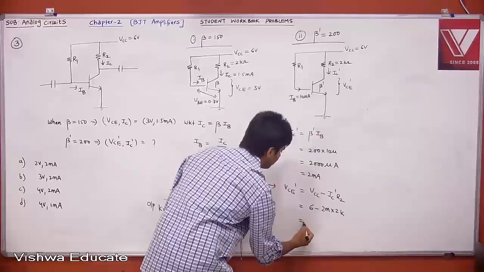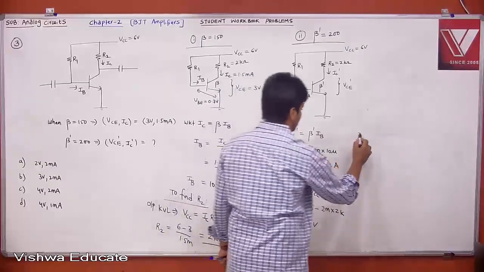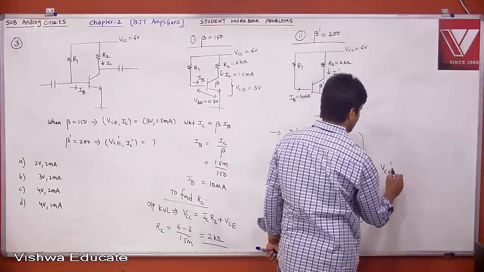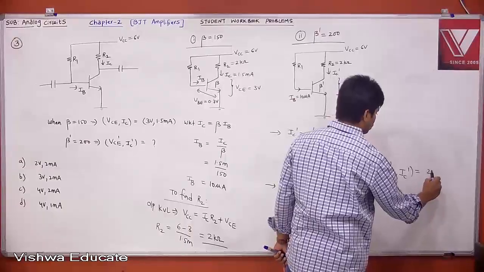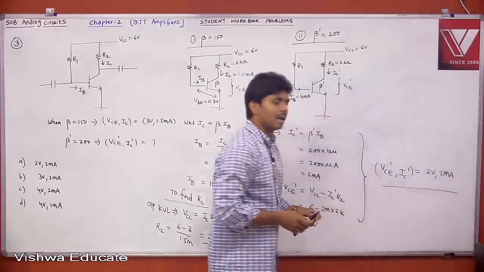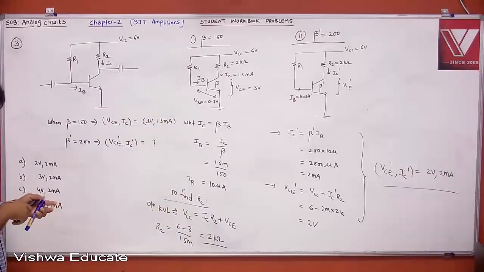K and milli cancel, it will be 1, then it will be 2 volt. Therefore, what is your new operating point? VCE dash comma IC dash is equal to 2 volt comma 2 milliampere. Still the transistor is in active region. Okay. Therefore, the answer is A.